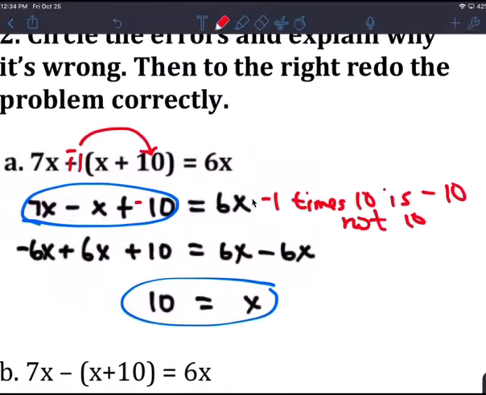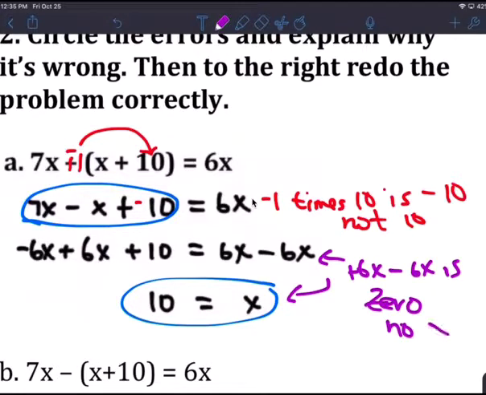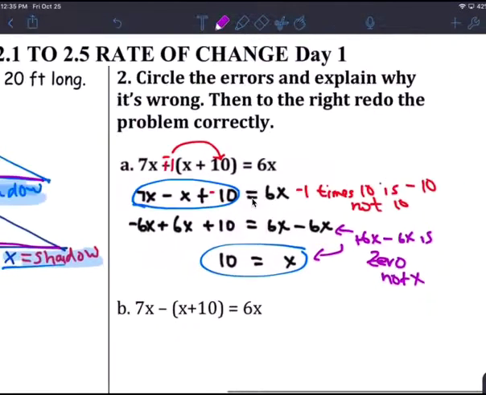Okay, and here this is incorrect because 6x plus -6x is 0, not x. Okay, you need to explain like that.